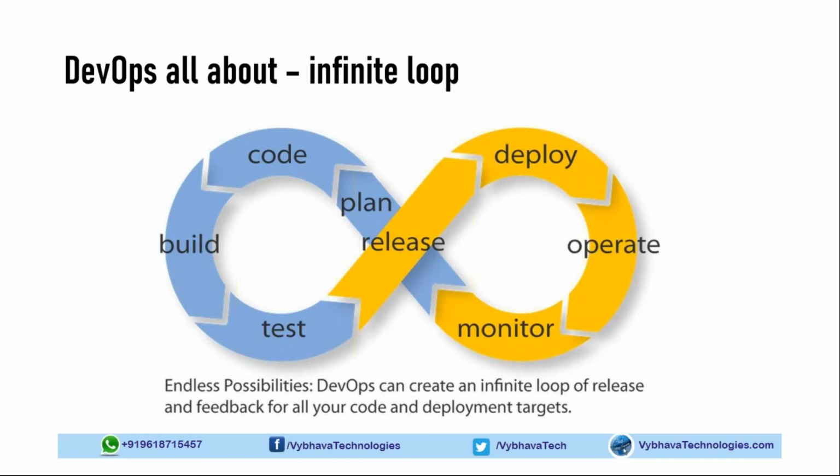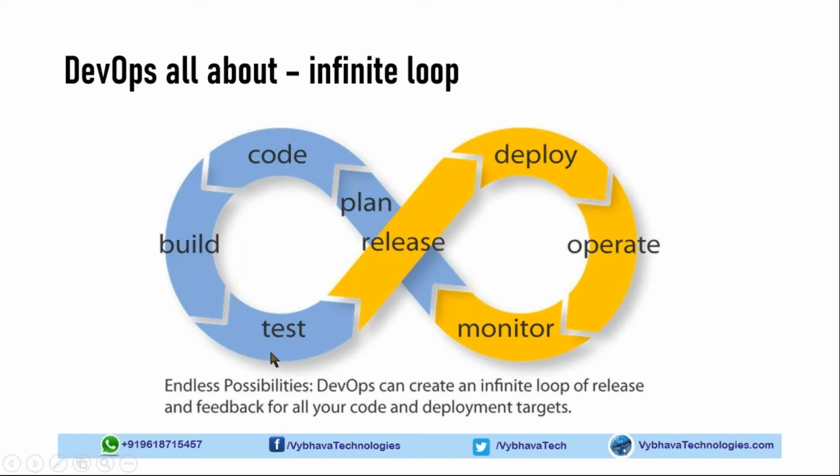Okay, so this is a completely endless loop. This is a cycle, and whenever something goes wrong, it will go back. Something goes wrong in monitoring, they come back to planning. If something goes wrong in the operations, start and stop, then we go back to see what happened in the deployment. If the deployment fails, then go back to the release, check what the previous release is, and apply that one.